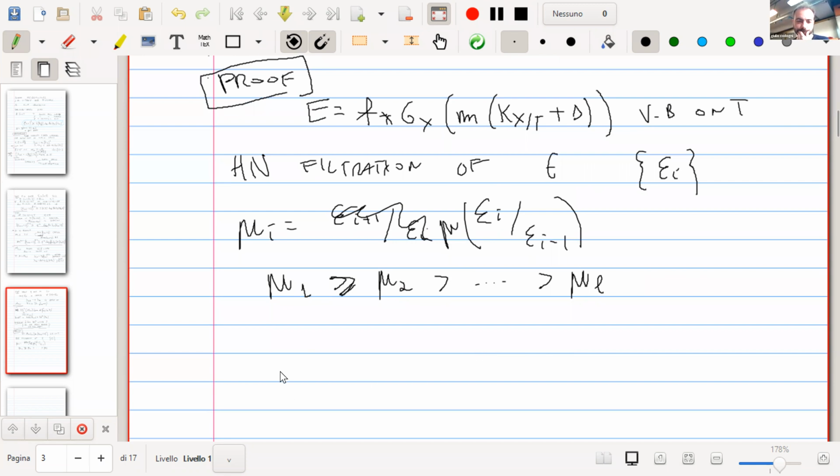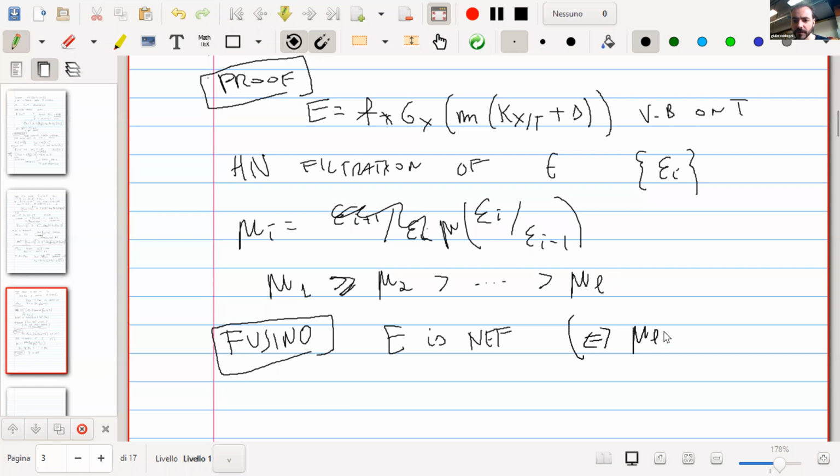Now the key fact is a result of Fujino, which tells you that E is NEF, which is equivalent to saying that the last slope is at least 0.